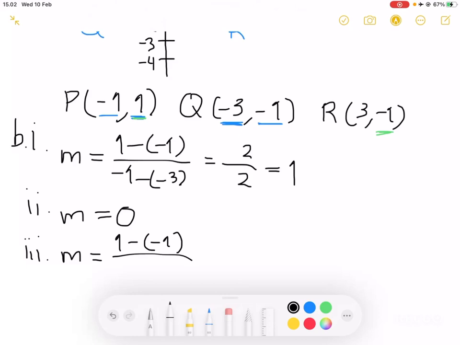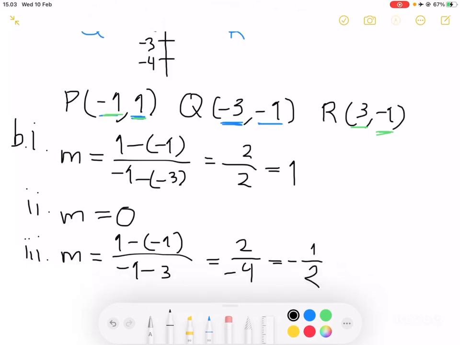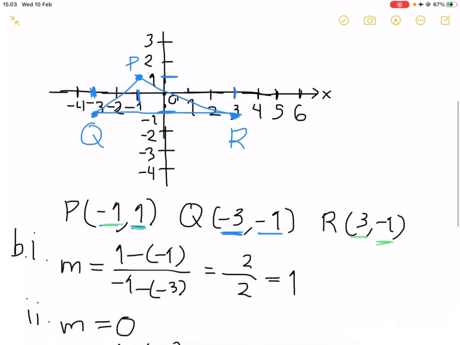And then x2 will be -1, x1 will be 3. So -1 minus 3, the top will be 2, the bottom will be -4, it will be -1/2. Alright, so that's it for part B.